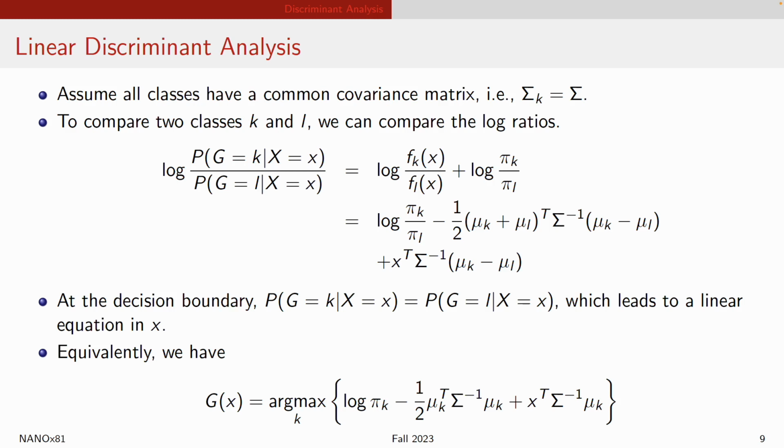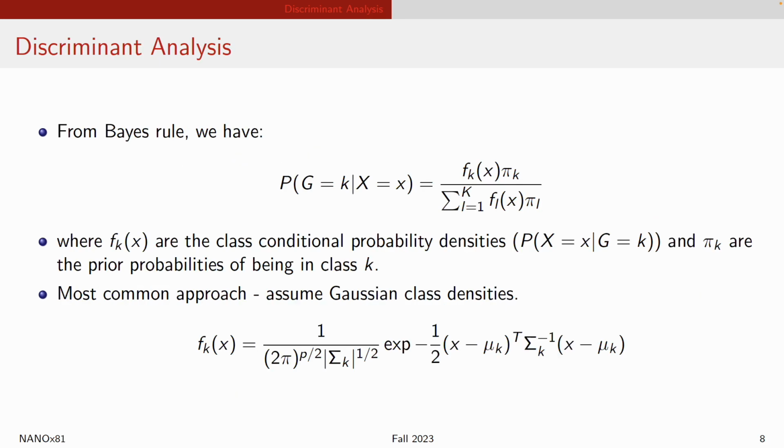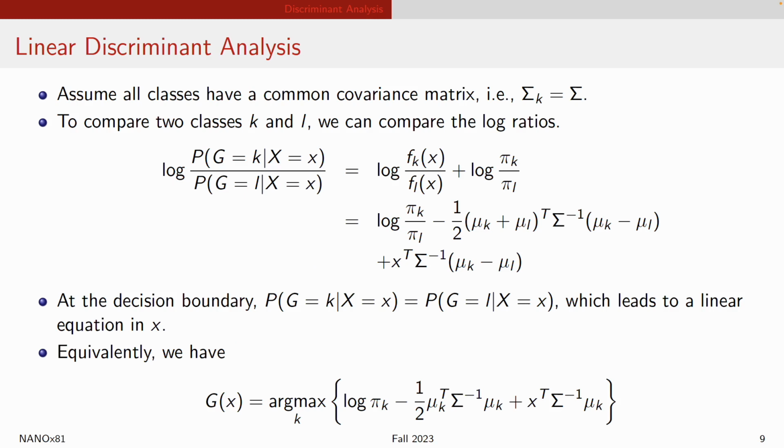And if you substitute in this particular formula for your posterior probabilities, you get essentially this expression, and then you substitute in your normal distribution assumption for your f of k x and f of l x, you essentially get this expression over here, right? Now, at the boundary between k and l, in other words, at the boundary where essentially you are indifferent between whether something is in class K or class L, the two posterior probabilities must be equal, right?